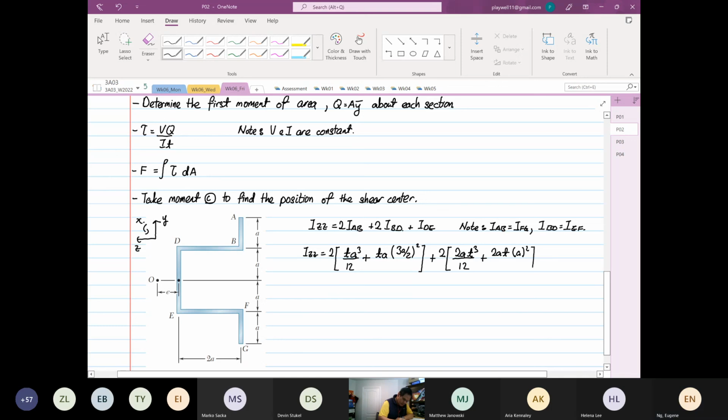So that is for BD and EF. And then the last one, we are going to plus the width, which is T, then we have 2A cubed over 12. So that is for DE.